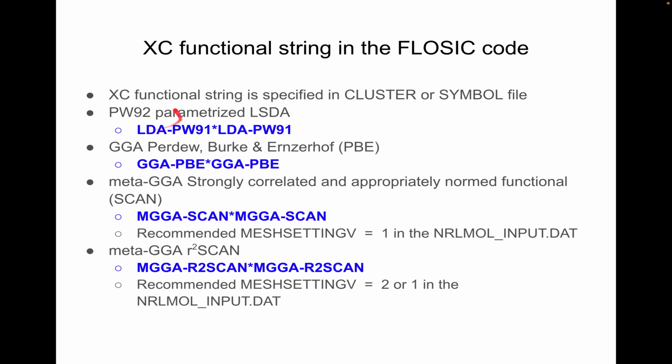In the case of the PW92 LSDA, you use the string LDA-PW91*LDA-PW91. The first half of the string corresponds to the exchange functional, and the latter half of the string corresponds to the correlation functional.